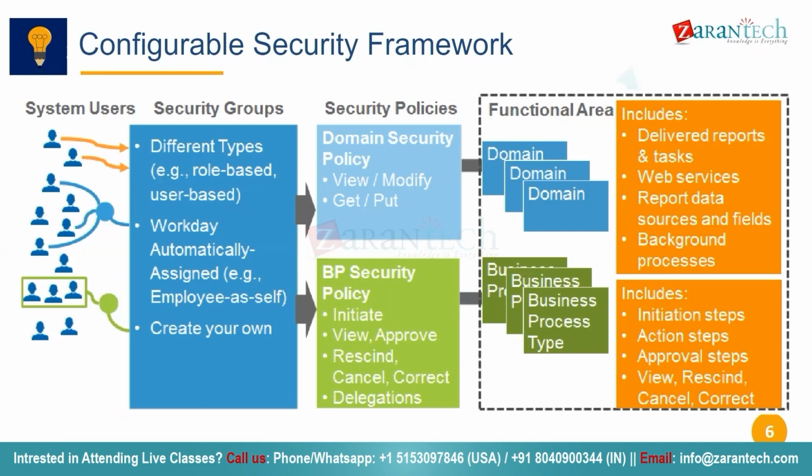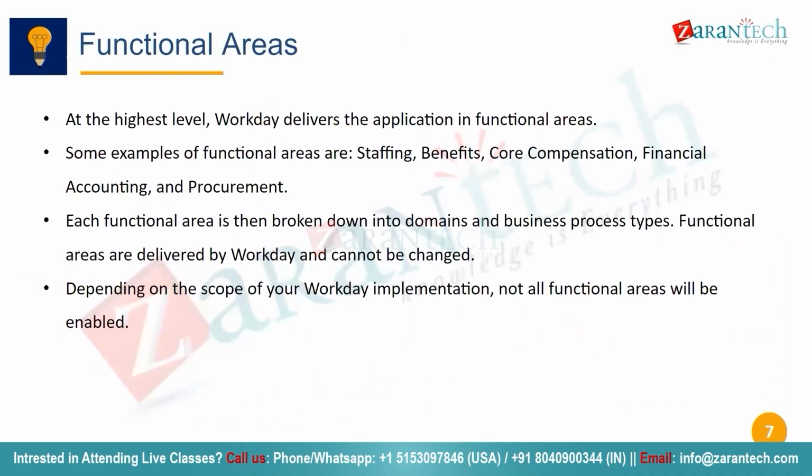Then we have to identify which domain the user is looking for, and provide access to that particular domain or business process type in order to perform the particular task in the Workday tenant.